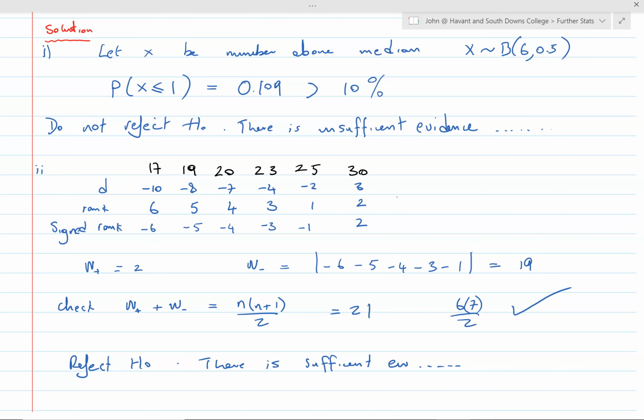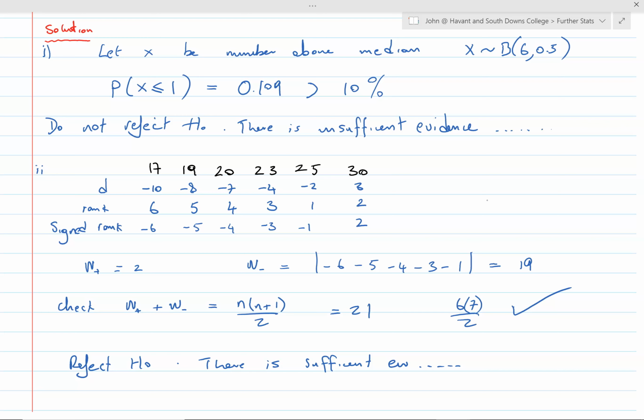In fact, because 23 is the next closest to the median, if our number had been 34 even, then our ranking here would have been 3 rather than 2, and we would not be rejecting H0. So it's more powerful. It's taking account of how far numbers are from the median.